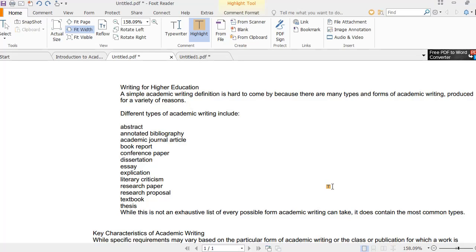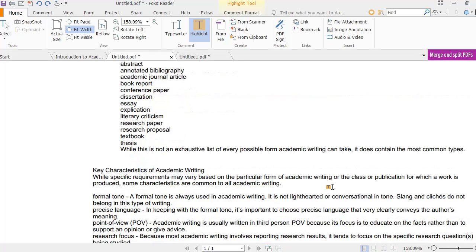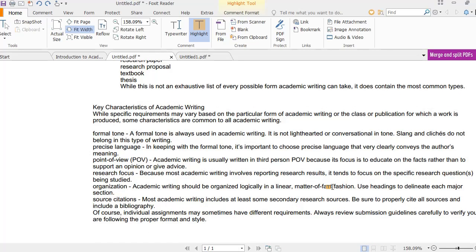While this is not an exhaustive list of every possible form academic writing can take, it does contain the most common types. So these are the most common types of academic writing formats we use. That's how the academic writing genres are there.